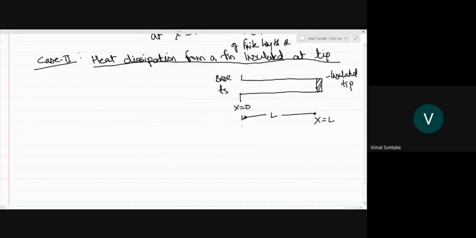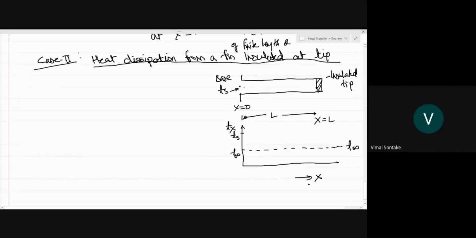Now, if I want to draw the temperature variation, this is the Tx, and on the x-axis, this is the length of the fin or distance from the base surface. So environment temperature is going to remain the same. It is not going to change everywhere. But the base wall temperature and temperature of the fin at the root will be same. That is equal to Ts.